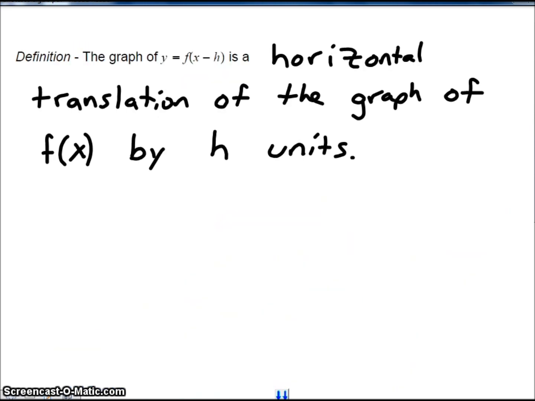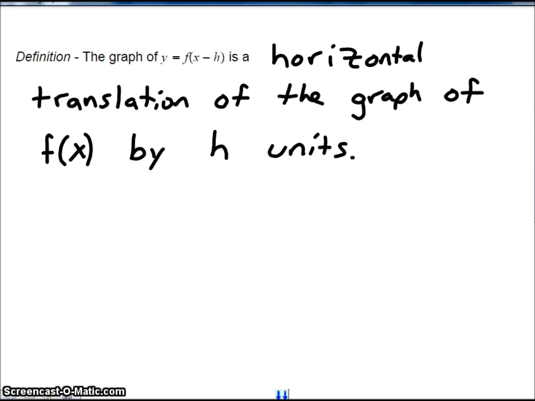So the graph of y equals f of x minus h is a horizontal translation of the graph of f of x by h units. Notice what's different in this case is that the h is right next to the x variable, whereas in the previous definition for vertical translation, the k was just tacked on to the end of whatever function or equation you were looking at.